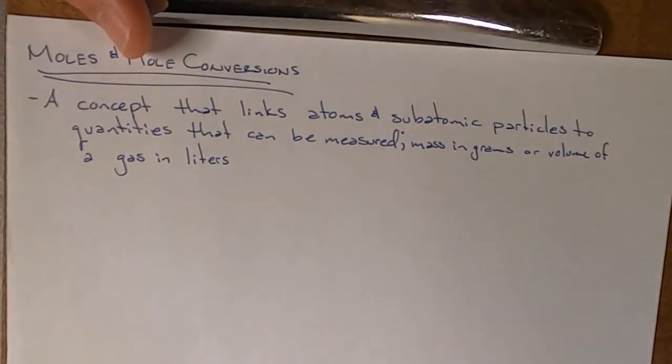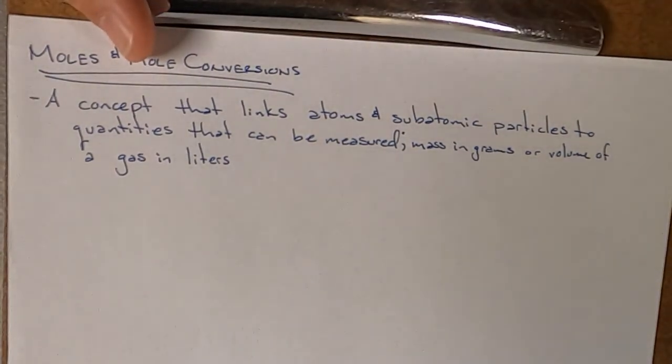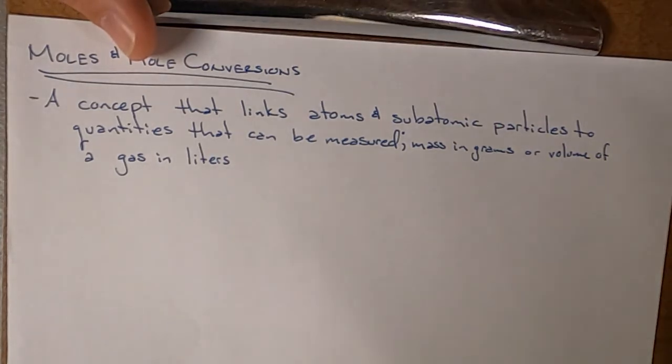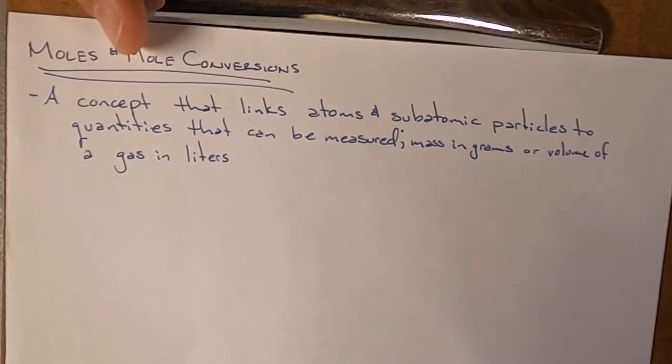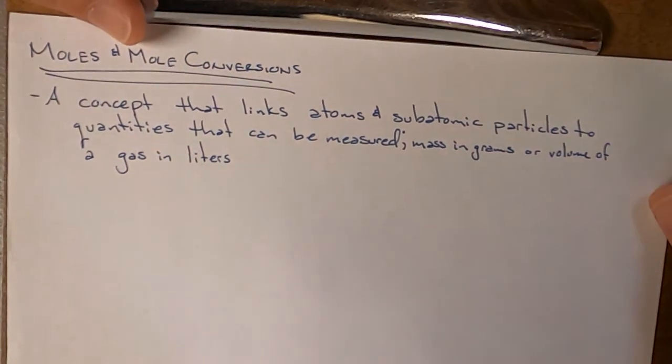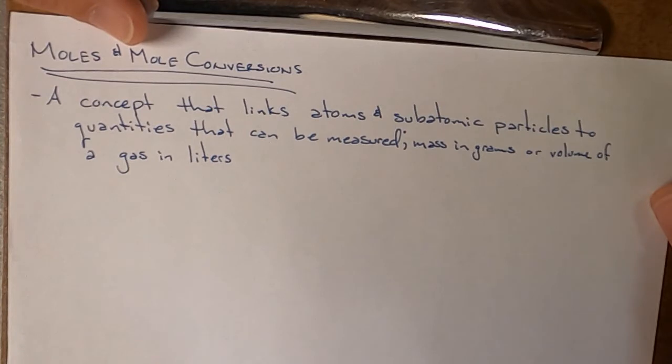And what chemists decided to base this on was a very common element, carbon. And the most common form of carbon they knew was called carbon-12. And they also had known that carbon-12 has 12 things in its nucleus that contribute to its mass, 6 protons and 6 neutrons.